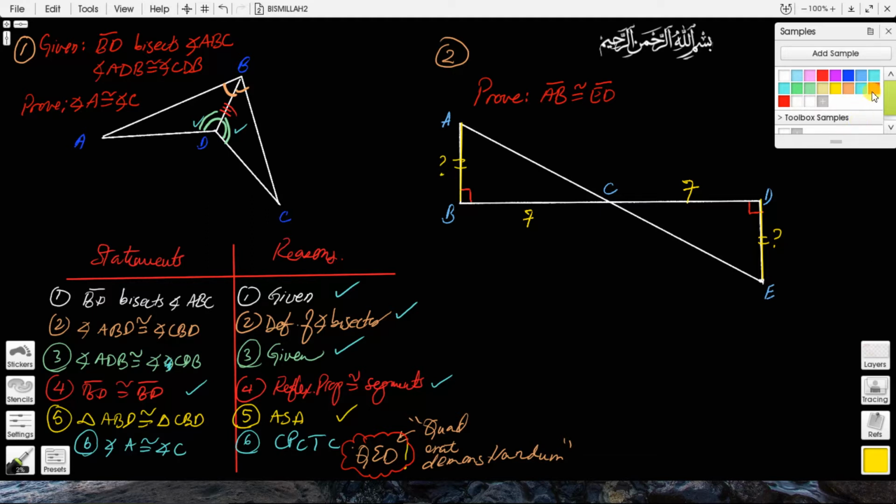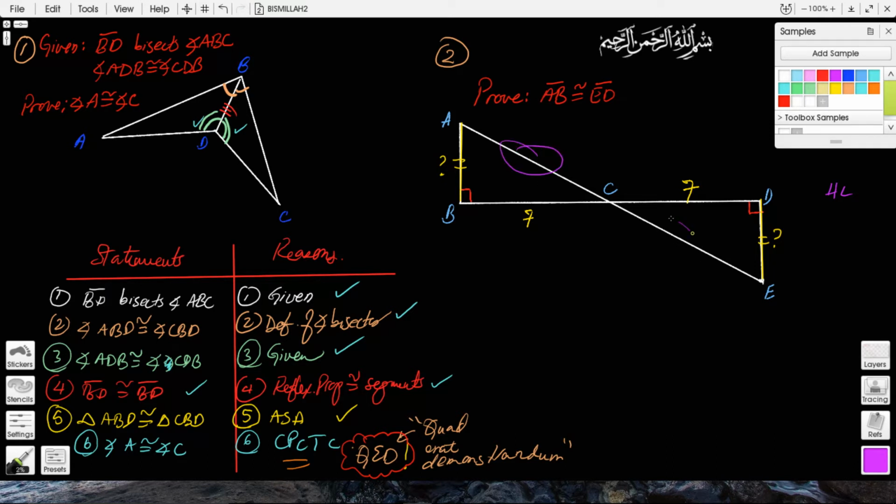I have the same approach. If I could prove the triangles congruent, then I get my CPCTC. So how can I prove it? Well, I have a hypotenuse. When I see a right triangle, I think of the Pythagorean theorem, triplets, and hypotenuse leg. So let's see if I could use hypotenuse leg here.